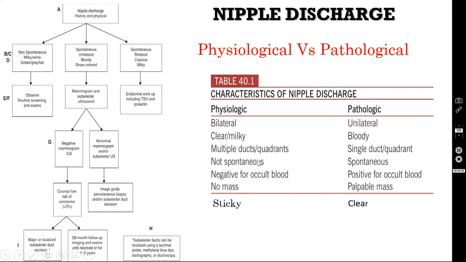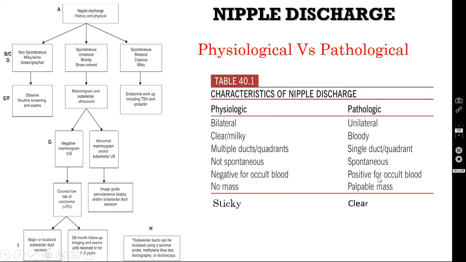Physiological is non-spontaneous. It should be expressed out. Whereas pathological discharge is spontaneous. It is coming on its own. You need not press it to come out. It will come out on its own. Physiological means it is negative for occult blood. There won't be any bloody discharge, usually.